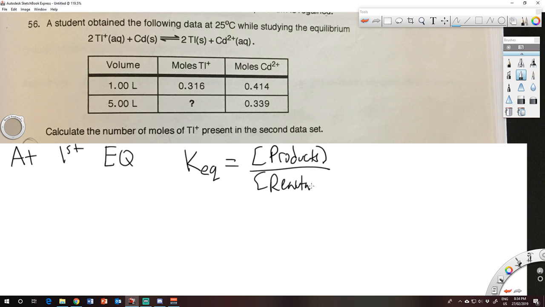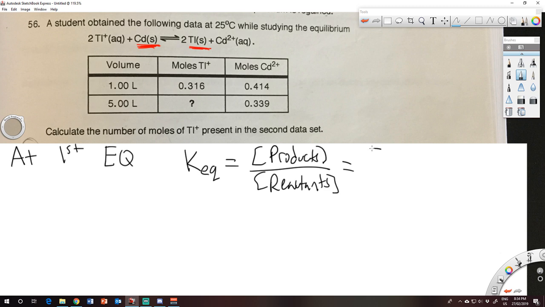But this one's trying to be a little sneaky because one of the products is a solid, and at the same time one of the reactants is also a solid, so we don't actually need to worry about those.